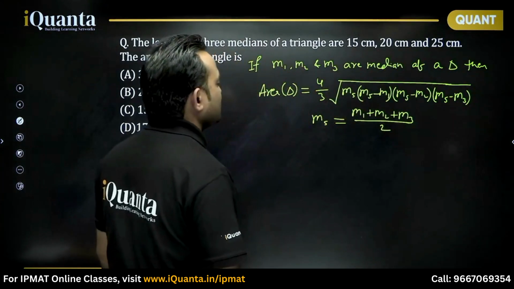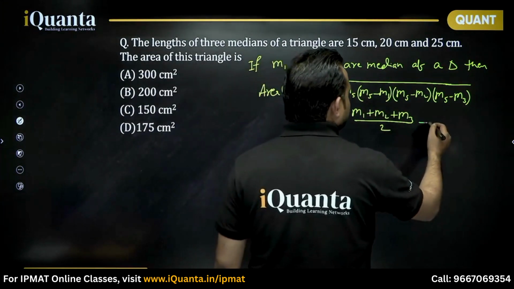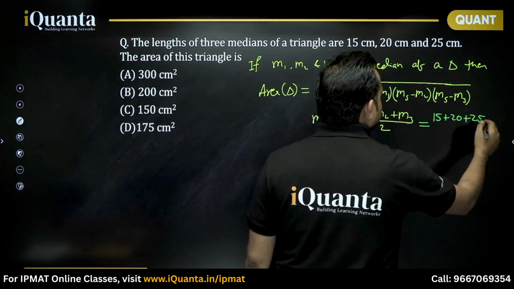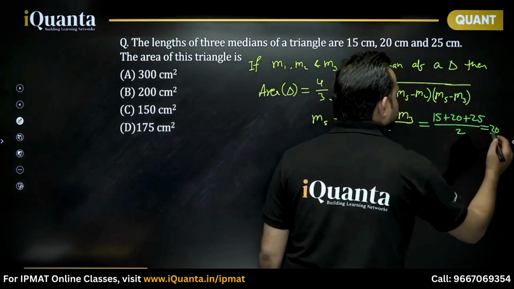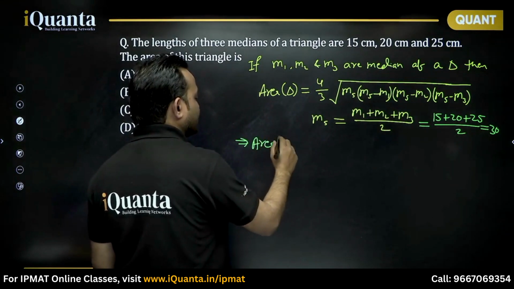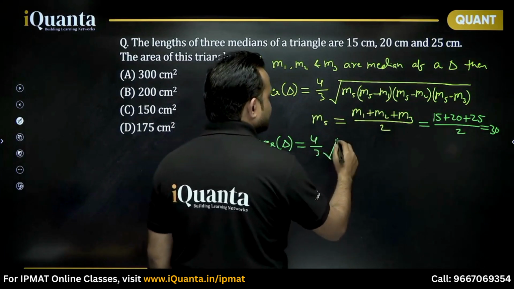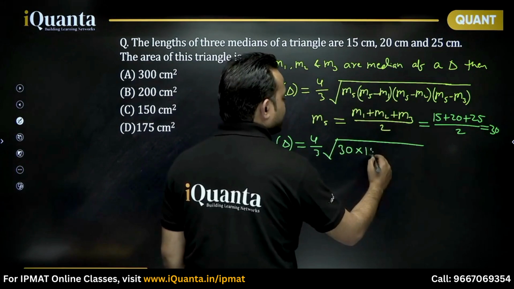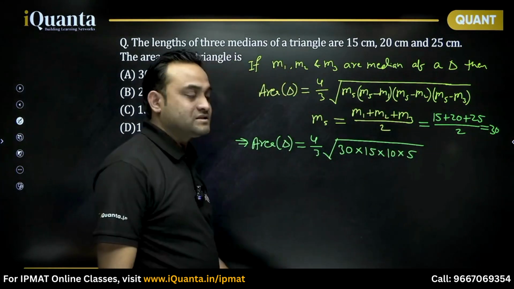Okay, so let's try to find the area of the triangle. The value of MS will be 15 plus 20 plus 25 divided by 2, which is equal to 30. So the area of the given triangle will be equal to 4 by 3 times the square root of 30 into 30 minus 15 which is 15, 30 minus 20 is 10, and 30 minus 25 is 5.